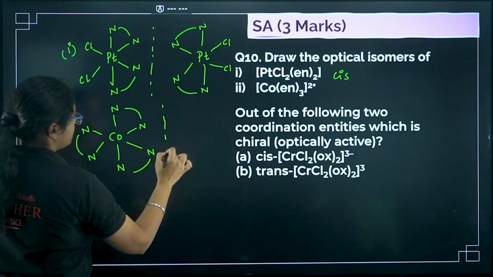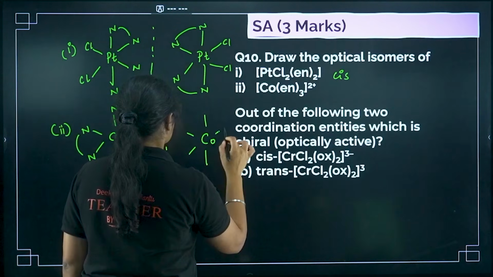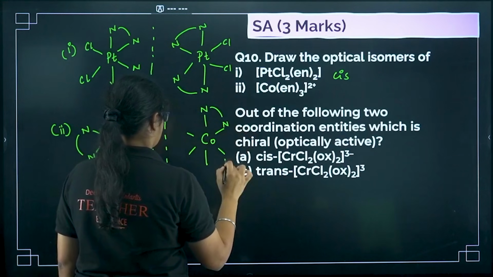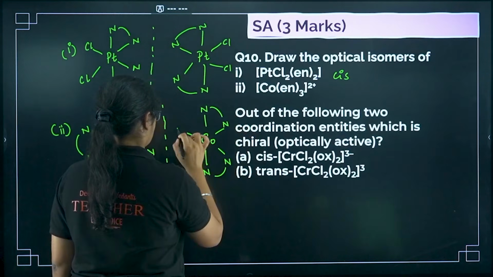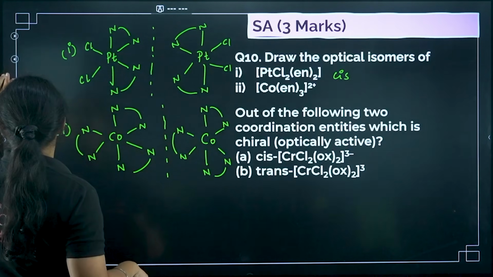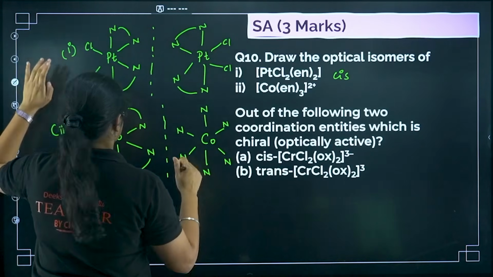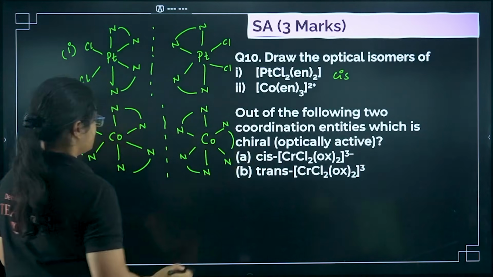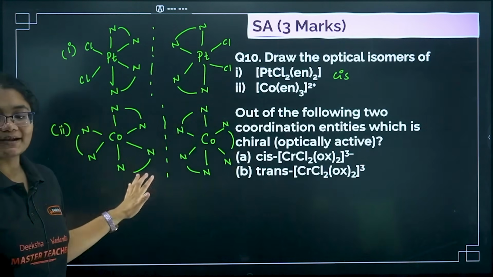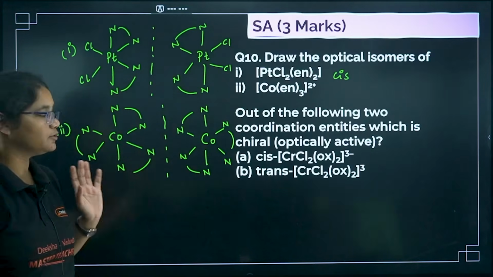Now we will have the mirror image of this one, that is Co. Sorry, the mirror image will be slightly different. See, it is like this one and this one. So this one will not be superimposing on this one, so that is why this will be optically active, and they are non-superimposable also. They are the mirror images and non-superimposable on each other.